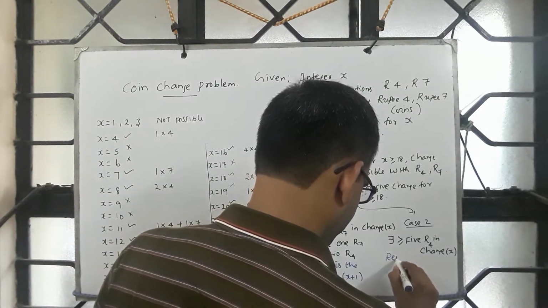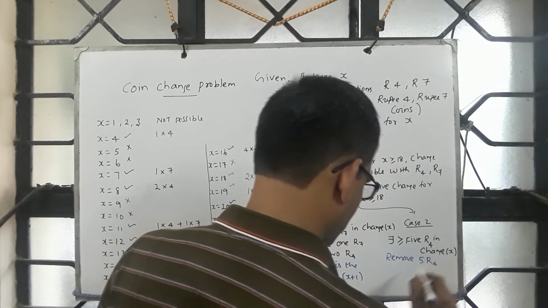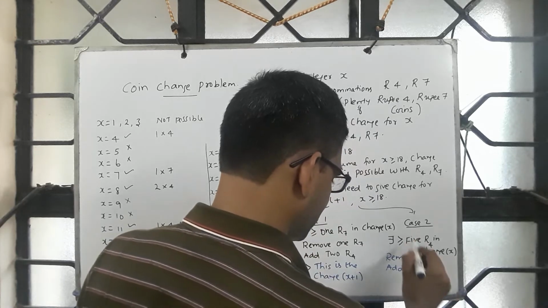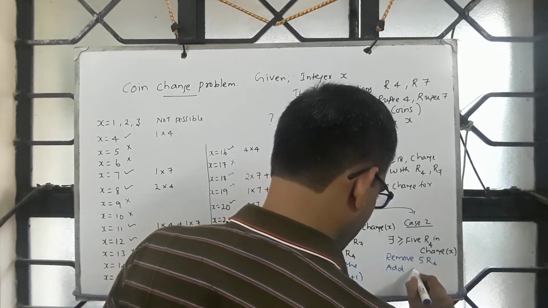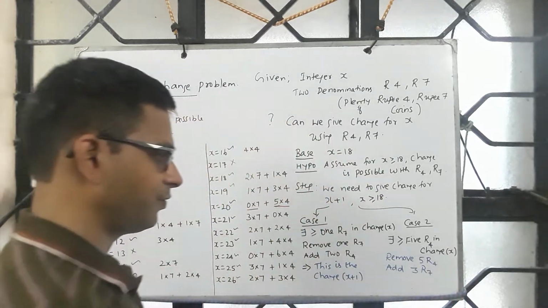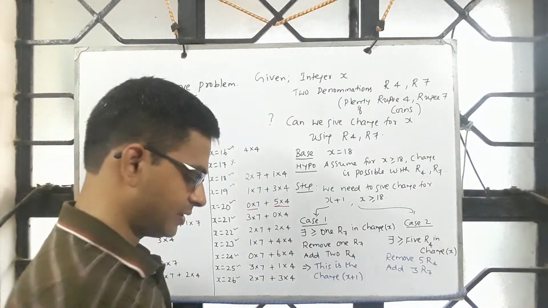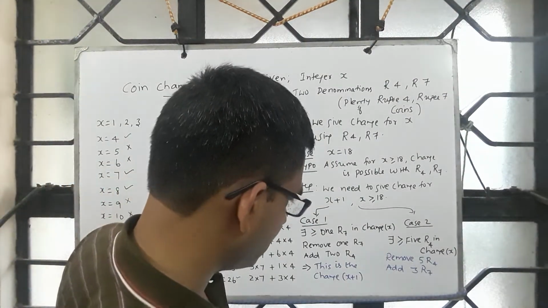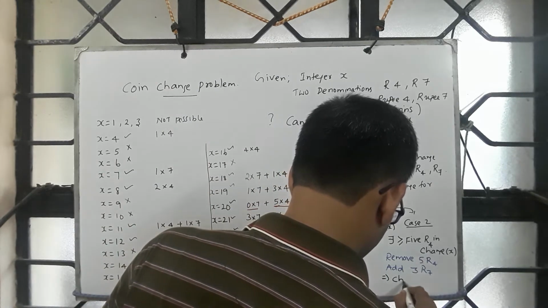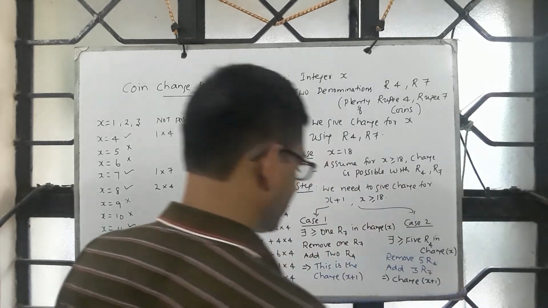Now what do we do? Remove 5 R4, add 20 plus 1, which is 21, add 3 R7. So I have removed 5 4s and added 3 7, which means this would be the change for x plus 1.